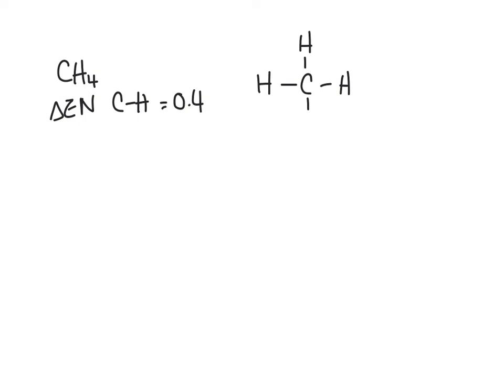CH4, difference in electronegativity between carbon and hydrogen is 2.5 minus 2.1, 0.4. Not enough to be polar covalent. Here's our Lewis structure and our structural formula. You leave it alone. There's no dipoles. There's no polar covalent bonds.